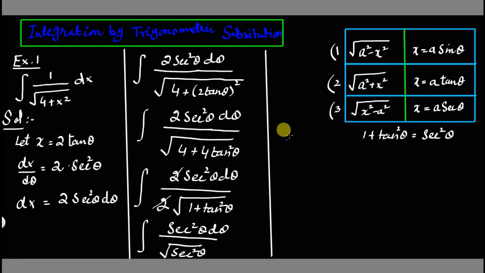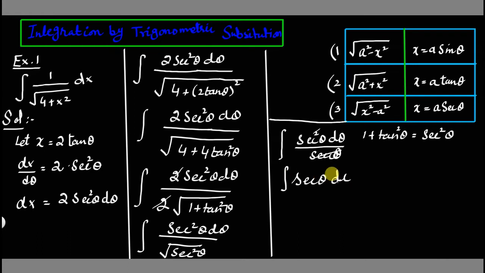So after simplification, we have secant square theta d theta over secant theta. This will be cancelled out, and you have left secant theta d theta.